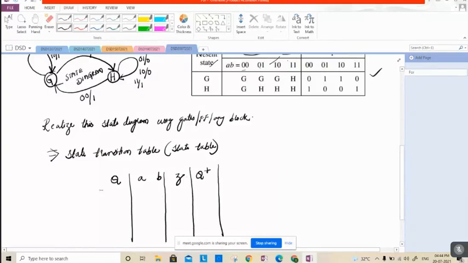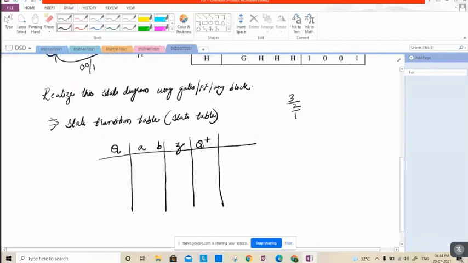How many flip-flops are required here? 3, 2 or 1? We have 2 inputs, so why only 1 flip-flop?